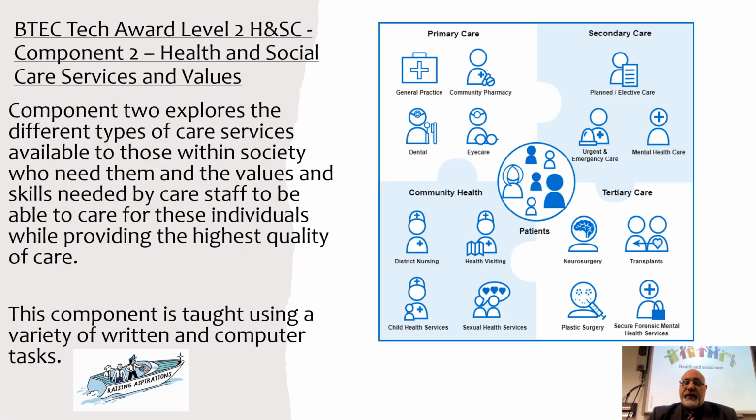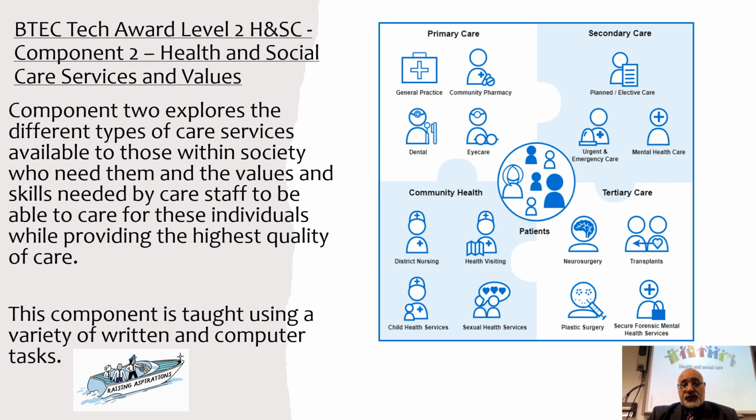So, having looked at the development of each life stage, we then look at the services that are available to us. We live in a country where the health and social care provision is one of the best in the world, and many people travel to our country to receive care, as we have specialists that deal with very complex problems. In component 2, we look at the different care services that we can provide. These start at the primary services, which are your first point of call services, like the GP, the dentist, and so on.